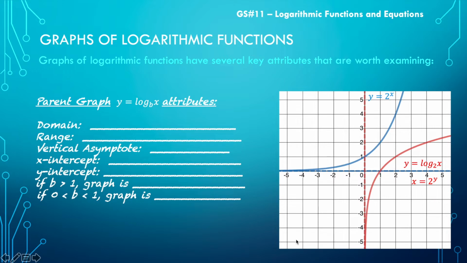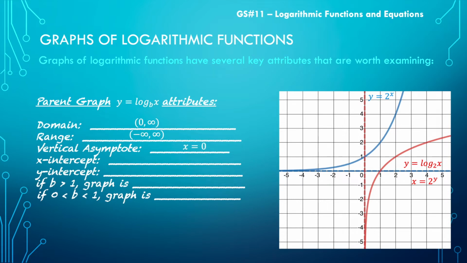The vertical asymptote. As you can see, instead of a horizontal asymptote in blue, this graph has a red vertical asymptote. It behaves a lot like what we saw with the exponential, but it's vertical. This graph is going to run right alongside that x value, so our vertical asymptote is x equals 0.